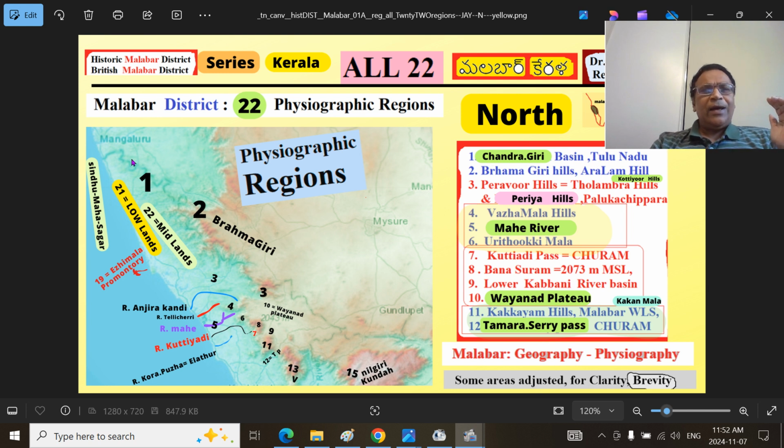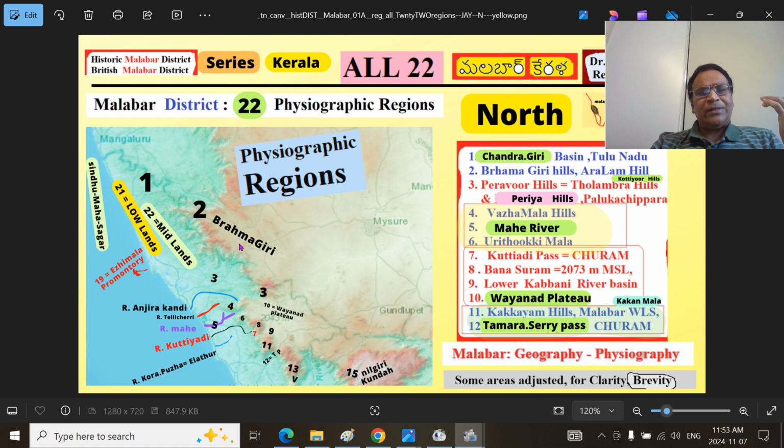Both the Kannur district and northern Kasaragod district have the hilly regions overlapping the western Ghats, Sahyadri mountains, number 2. They have been given different names in the different regions. Broadly, I call them Brahmagiri mountains, Aralam hills, Kotigiru mountains. This is number 2.